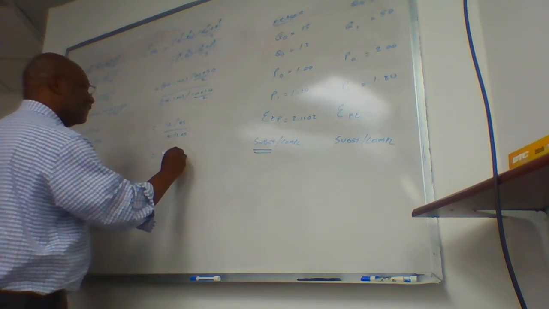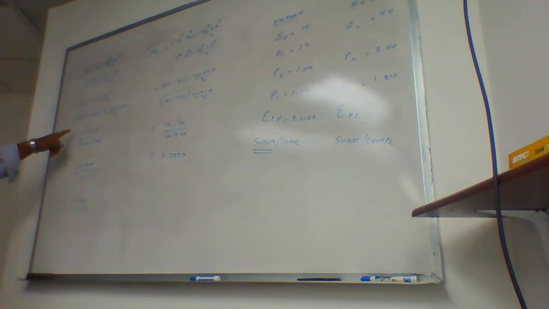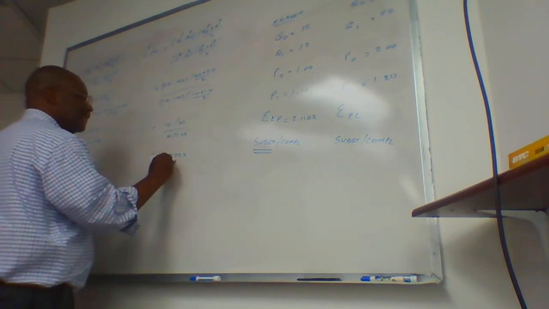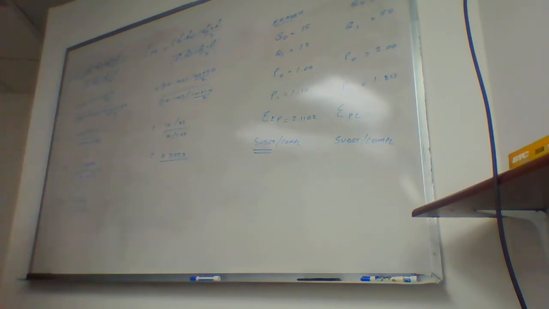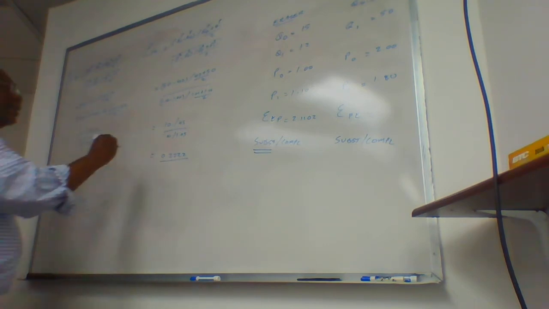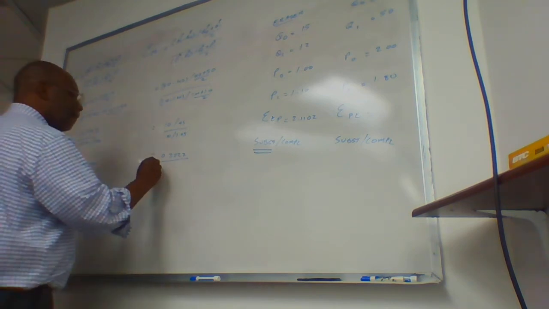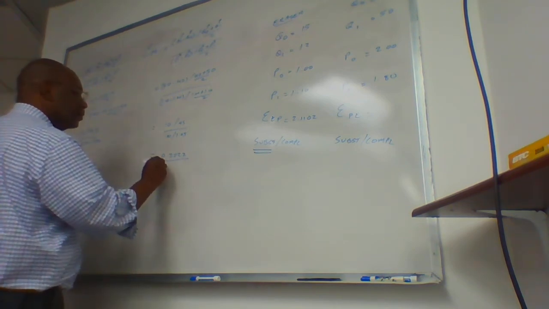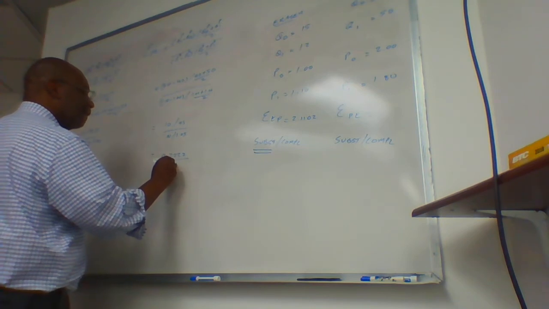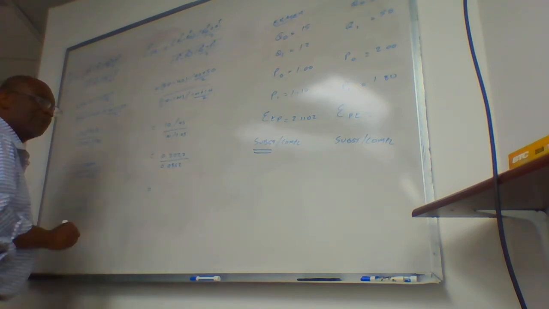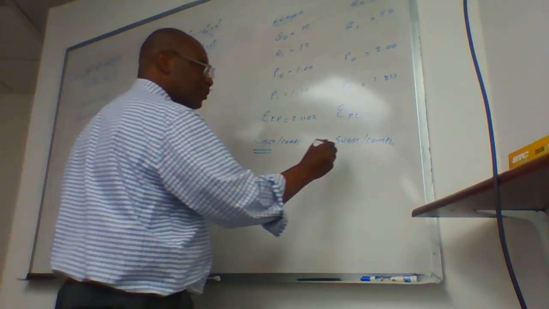Point 10. Isn't that interesting? 3 divided by 13.5 and 10 divided by 45? And this is 0.10 divided by 1.05. 0.0952. Positive, positive. So we know, being positive, they are substitutes.